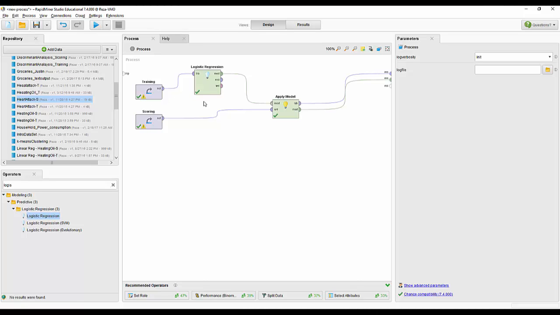Again, you will build your logistic regression model on your training dataset, and then you will apply the created model onto your scoring dataset. And then you will get both the model and the predictions for your effort.